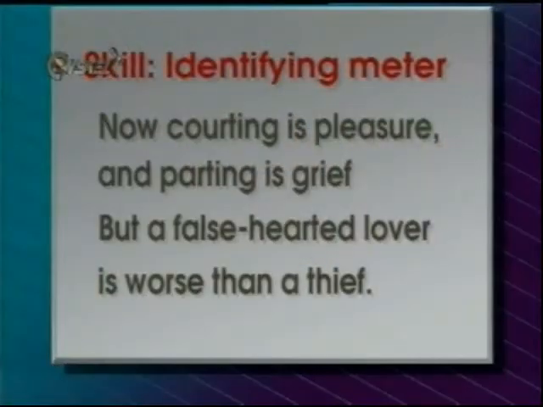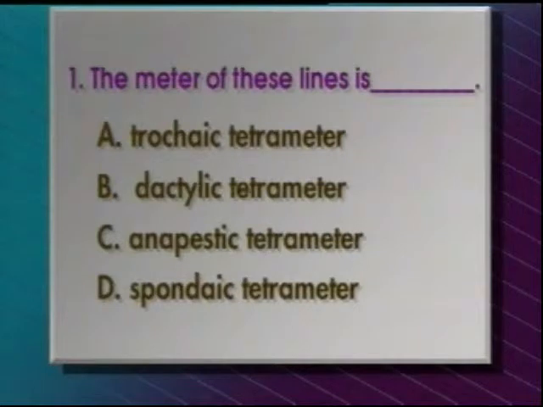Here's an item on identifying meter. Now, courting is pleasure and parting is grief, but a false-hearted lover is worse than a thief. 1. The meter of this line is blank. A, trochaic tetrameter.